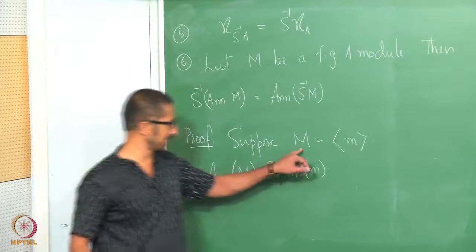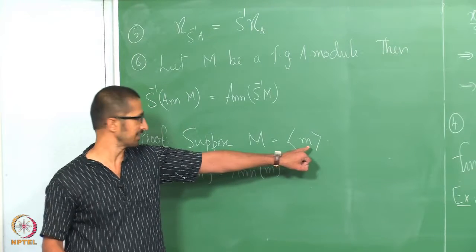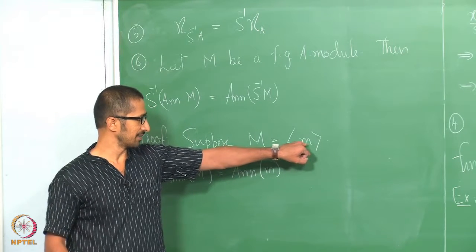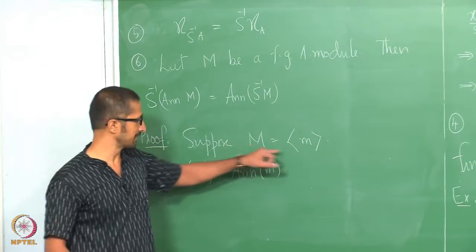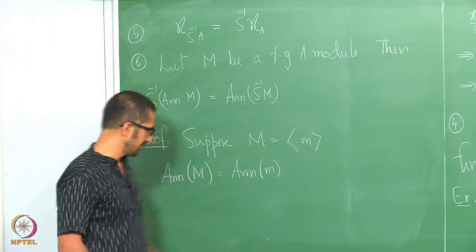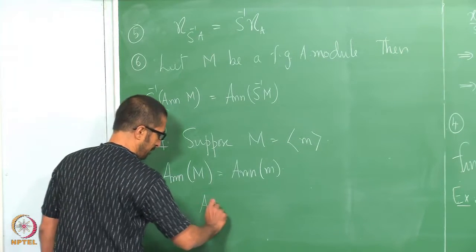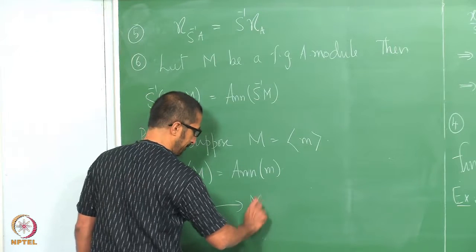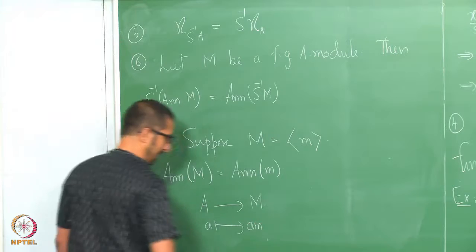Anything that completely annihilates capital M should annihilate this one. Similarly, if an element annihilates m, it annihilates the whole of M, because every element is a scalar multiple of this. Now, therefore, I can have a map from A to M, A going to A m.